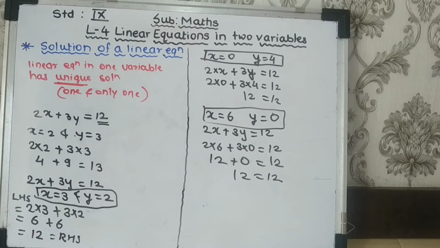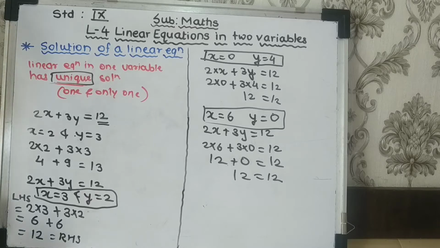Right? Whatever value we are substituting over here, we get more than one solution. So for a linear equation in two variables, do we get a unique solution? No. We get a unique solution only for a linear equation in one variable.